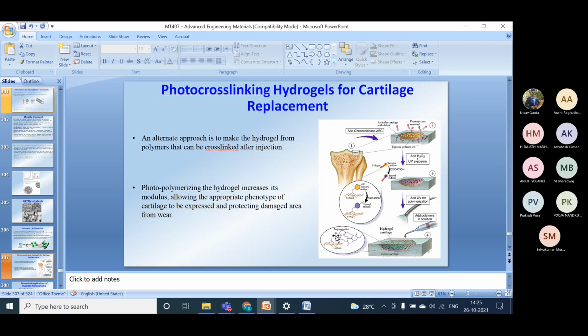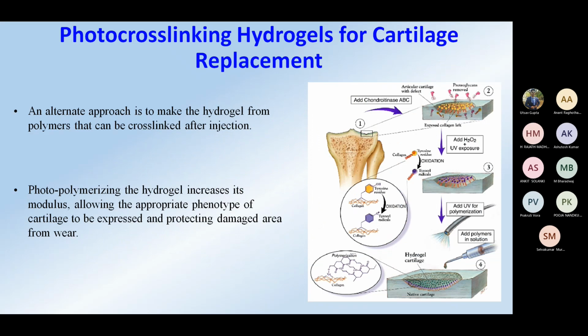Since it is a very soft material, with different cross-linking routes, either photo cross-linking or chemical cross-linking, you can enhance the cross-linking density and subsequently the mechanical stability of the hydrogel. Then it can be used for any kind of tissue regeneration, not only cartilage.